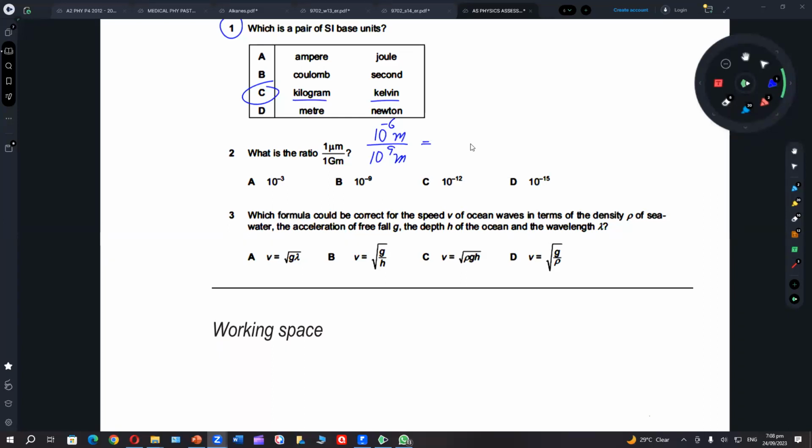Meter will cancel, and 10 power minus 6 minus 9. This is the working. Question number 2, answer is D.